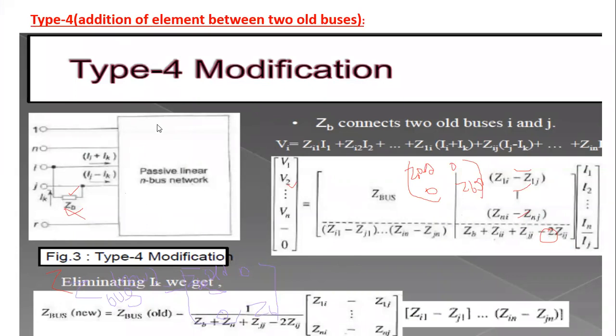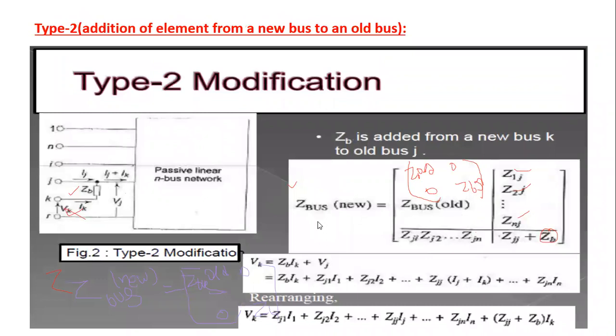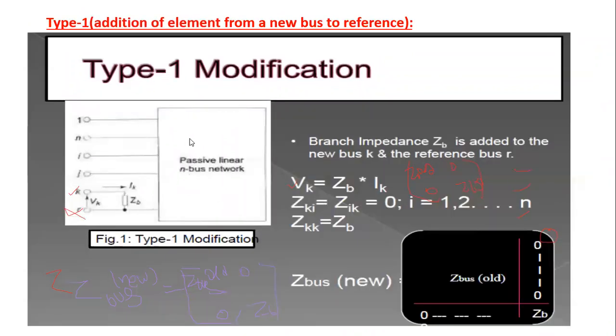Okay, type 1, type 2, type 3, type 4 modifications లో ఏదైతే Z bus new ని ఫామ్ చేయడానికి ఫార్ములాస్ ఉన్నాయో వాటిని యూస్ చేసుకొని ఒక రో కాలమ్ అనేది మనం ఆ మ్యాట్రిక్స్ కి యాడ్ చేసుకుంటాం. ఓకే, మామూలుగా ఫస్ట్ స్టేజ్ లో ఓన్లీ we are adding only one element. Okay, how we will add that element means that, only we are adding one element in the first case, our type 1 modification.